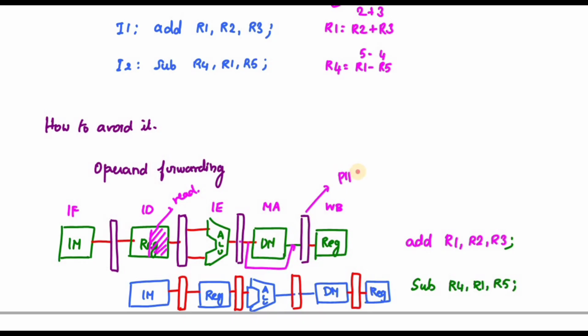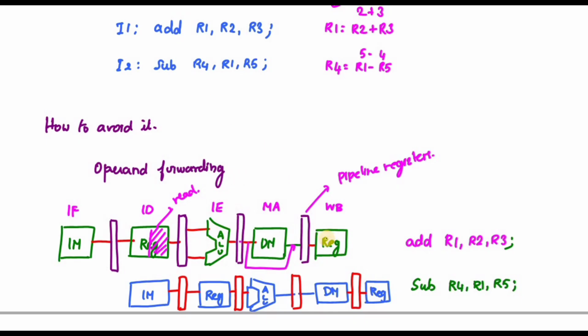This one is called the pipeline register, because this register is used to handle the data between these two stages. Whatever the instruction, the data gets stored in the pipeline register and is used from there.